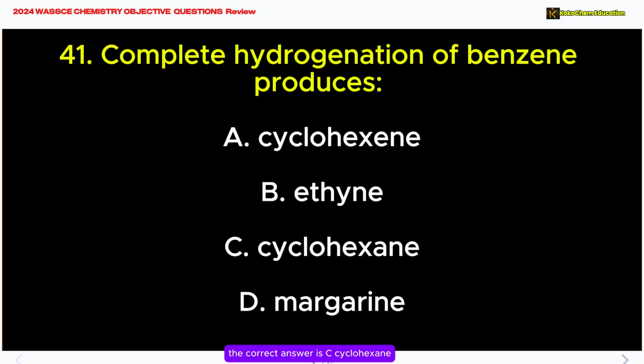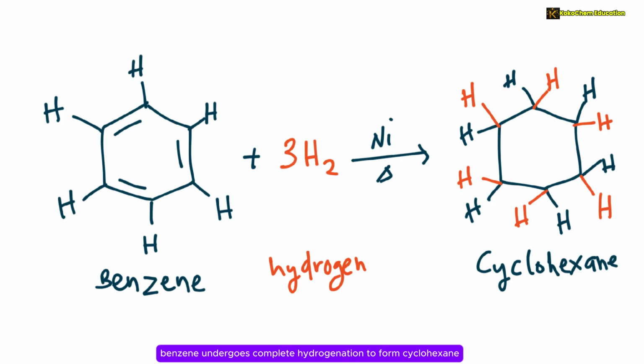The correct answer is C. Cyclohexane. Explanation. Benzene undergoes complete hydrogenation to form cyclohexane by the addition of 3 moles of hydrogen.